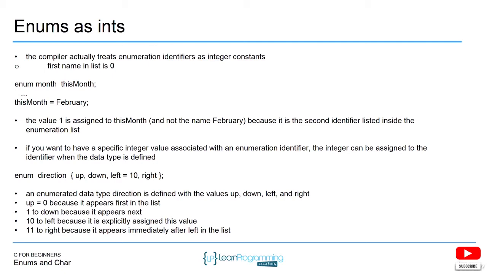But again, this is important because when you do comparisons or if you print out the values, you just have to know that the enums are actually represented as integers inside the system. But you can still actually use February, March, January when you assign to your enum. When you compare those values against another value, you can use January, February, March. It still allows you to use those nice names.